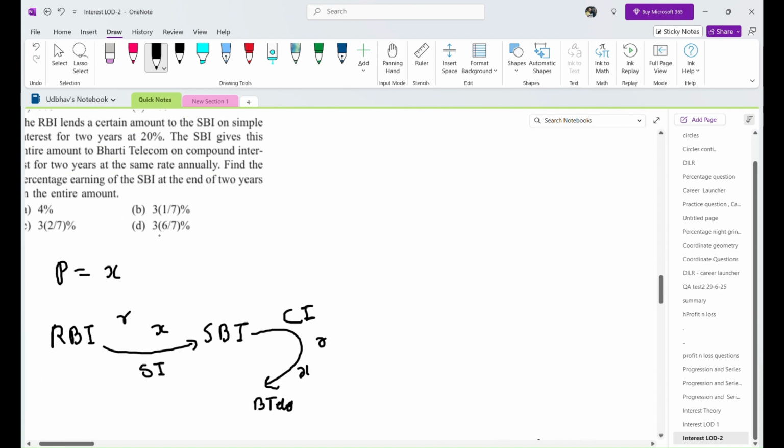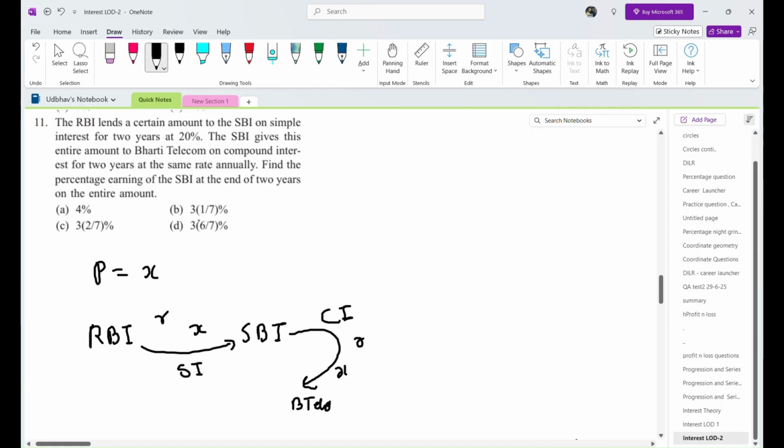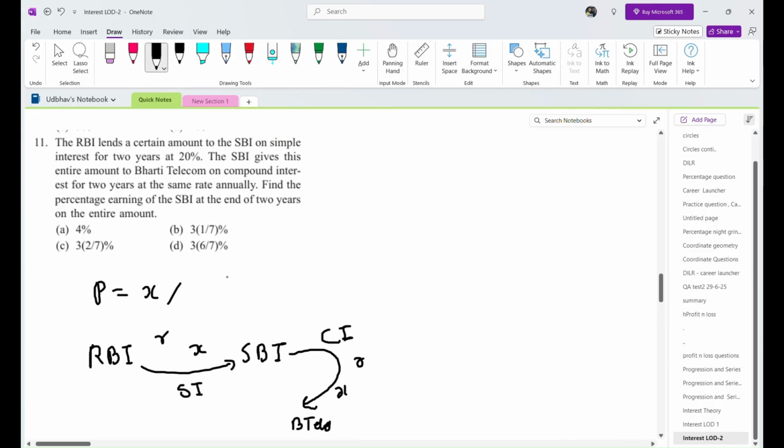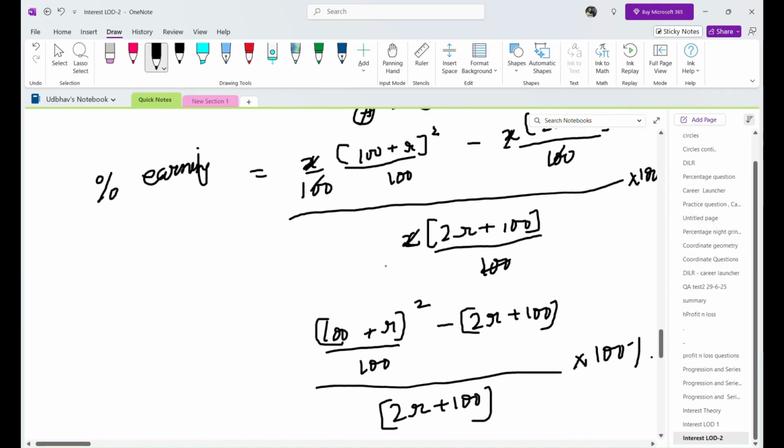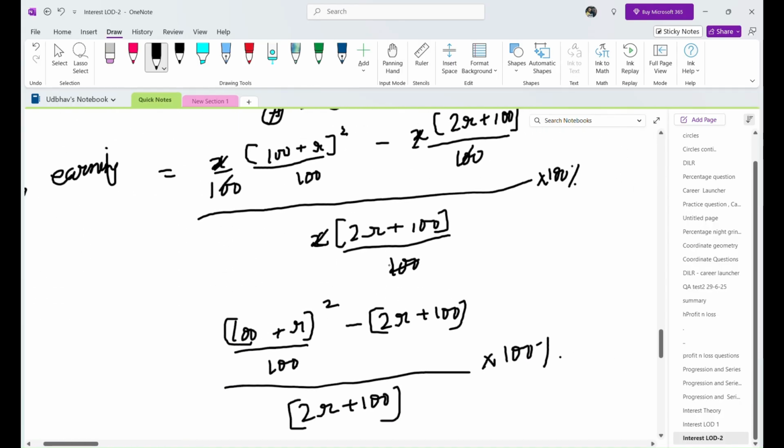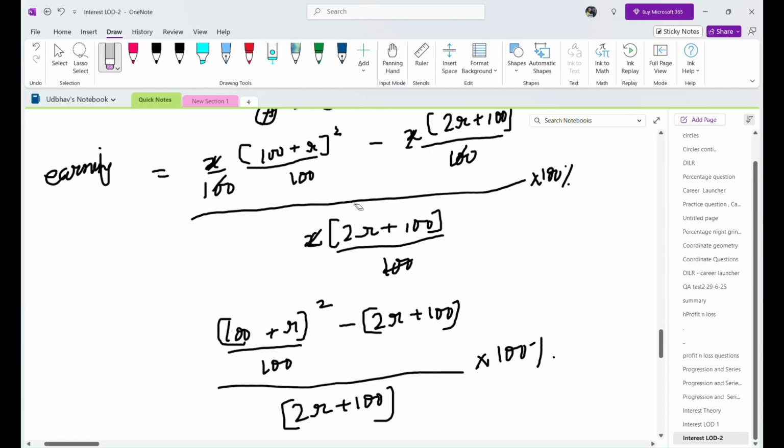Let's see the options. Oh no, we have to find the percentage earning of SBI at the end of 2 years on the entire amount. Entire amount was X, right? So we have to divide it by only X, not everything.